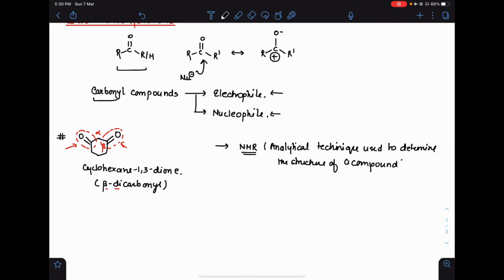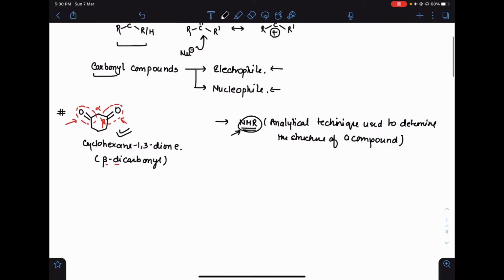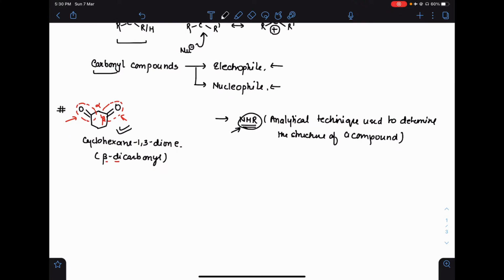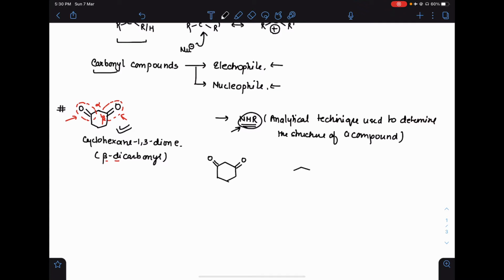Basically, if this NMR gives us only one type of structure, we will know that our compound is pure. Otherwise, if it gives any other structure, that means there is some impurity. So when we see the NMR spectrum, we find out that there is some impurity present. The majority of the compound is what we expected, that is the beta dicarbonyl compound, or cyclohexane-1,3-dione in this case, but there is also some amount of this also present.